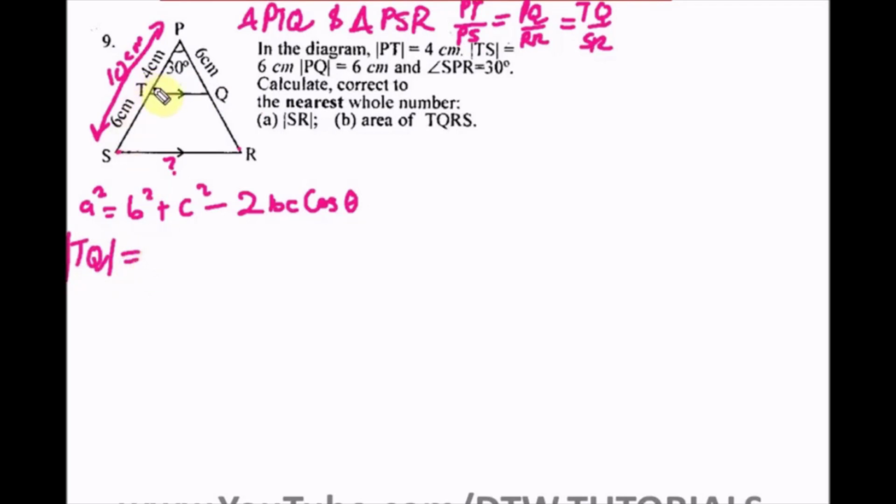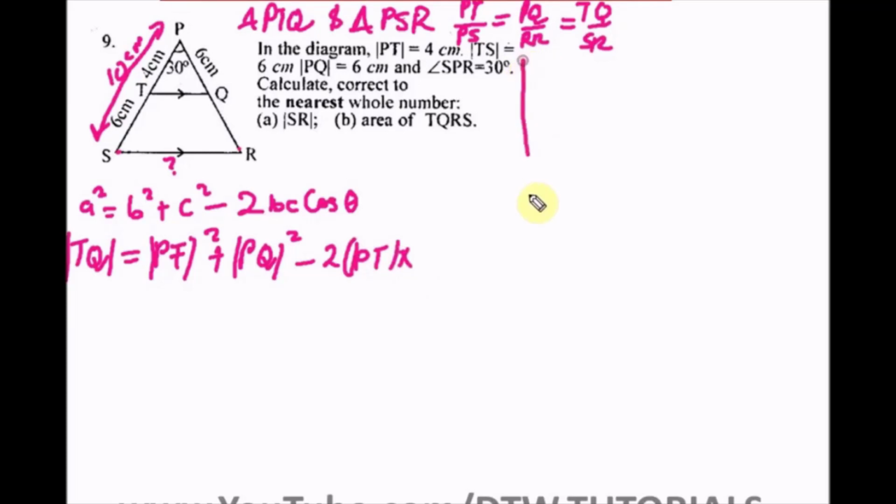TQ squared equals PT squared plus PQ squared, then minus 2 brackets PT times PQ times cos 30 degrees.